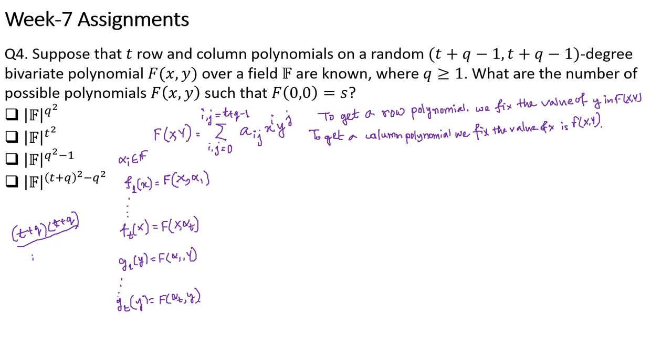This is nothing but (t plus q) square. So we now want to see how many evaluations at distinct evaluation points are already available to us. So one point is undoubtedly f(0,0) equal to s. This is one single evaluation that we know at point 0, 0.